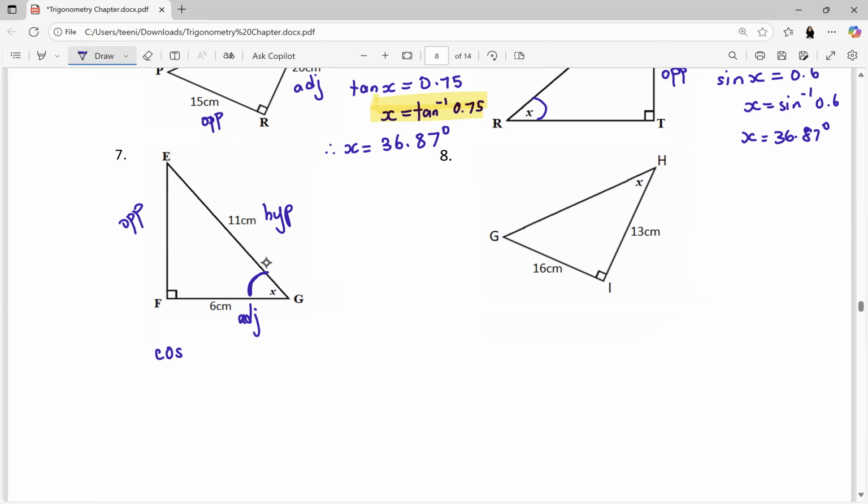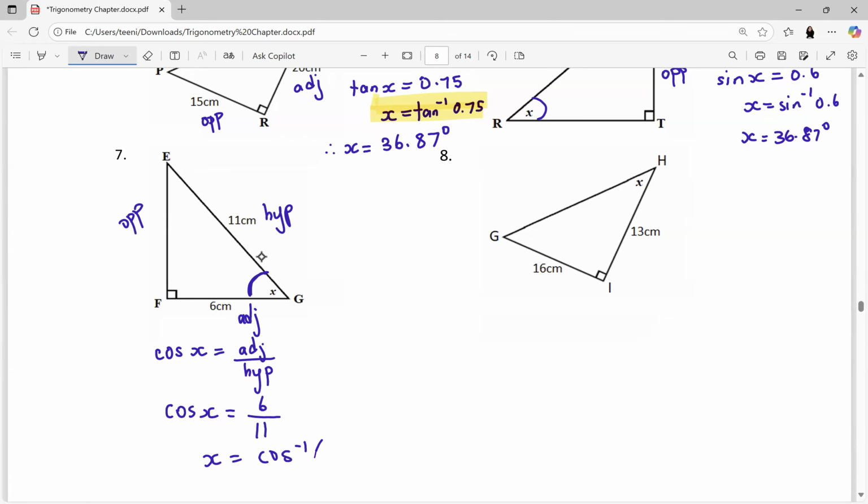So cos of angle X is equal to adjacent over hypotenuse, which means cos of X is equal to what over what? What is going in the numerator? Cos of X is equal to 6 cm over 11 cm. That's right. And therefore, X is equal to the cos inverse of 6 over 11.